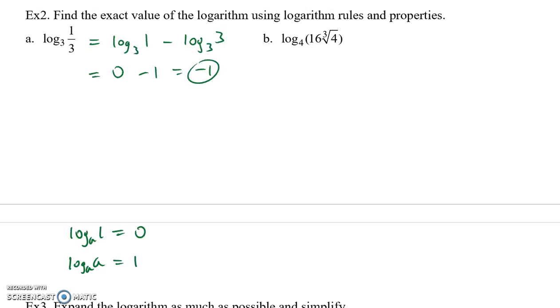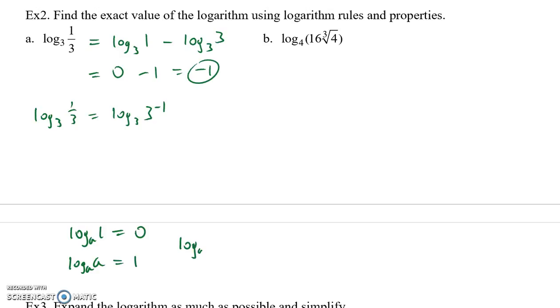Here's a second way we could do it. We could say that log base 3 of 1/3 is identical to log base 3 of 3 to the negative 1 power. And then we could also mention a third property of logarithms.